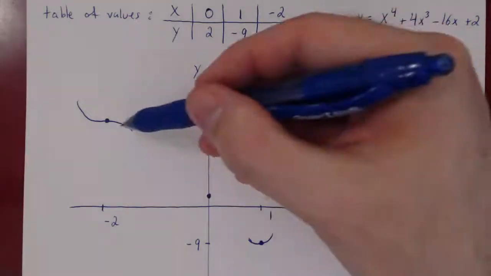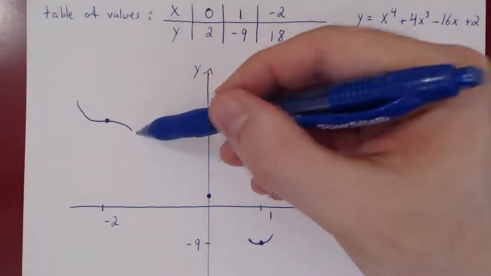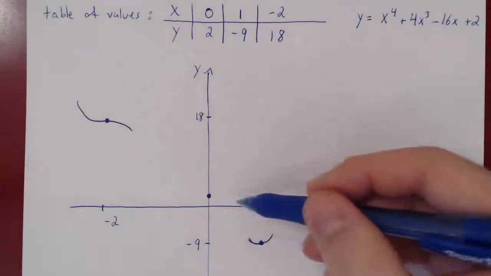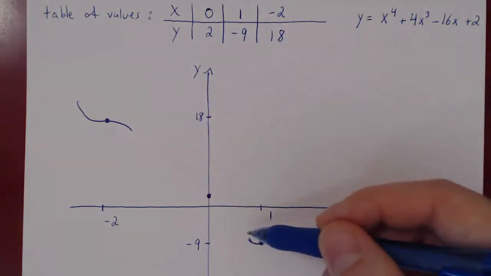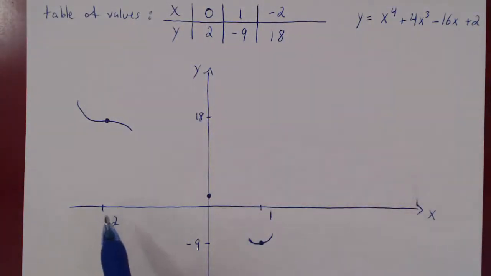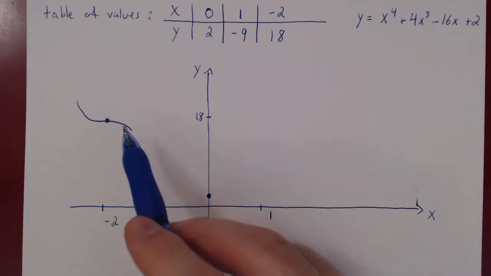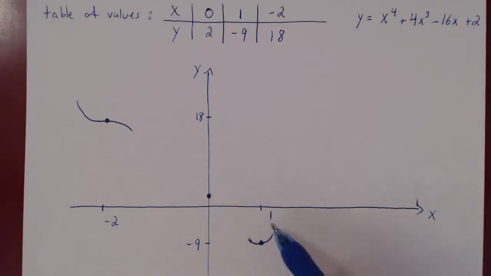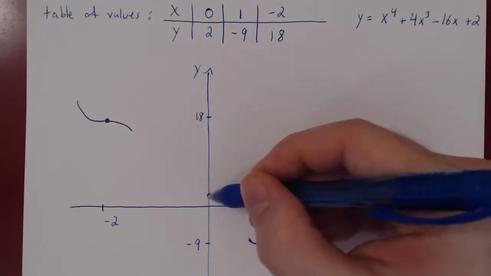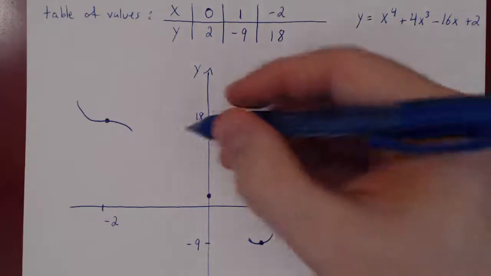Well, let's see. The curve here is concave down. Go to the right of 0, the curve is now concave up. So you see between negative 2 and 1, the curve does change concavity. It goes from concave down to concave up. And if there ever is a change in concavity, it has to happen at a possible inflection point. So it has to change concavity exactly at this point.